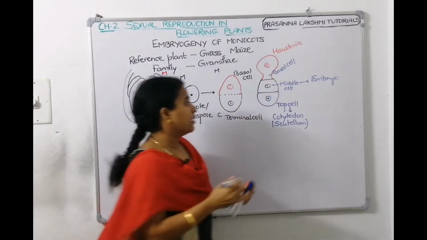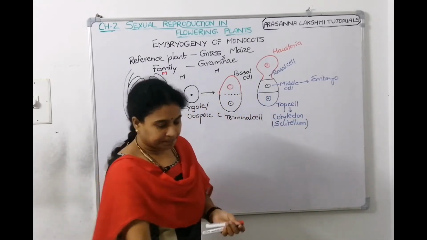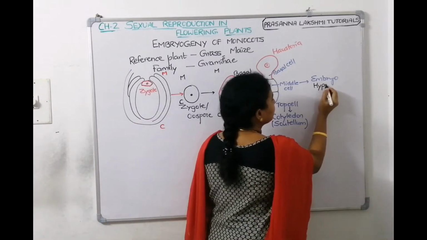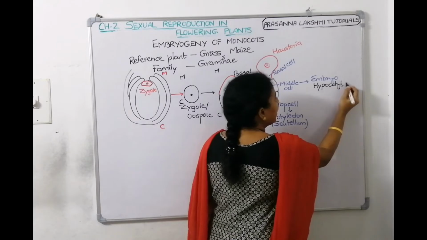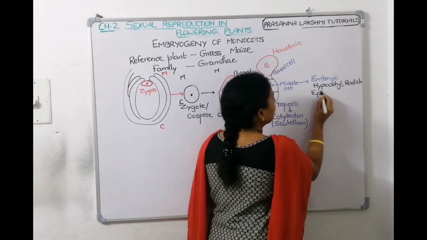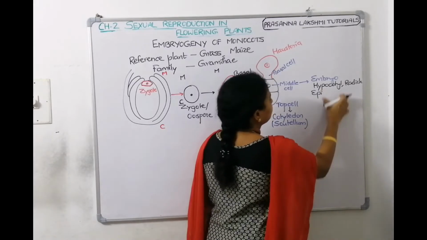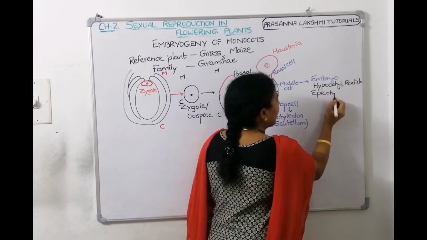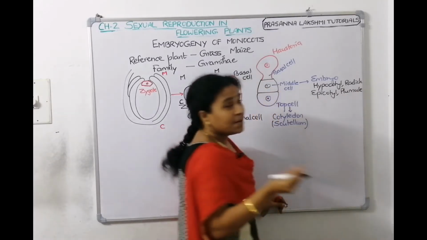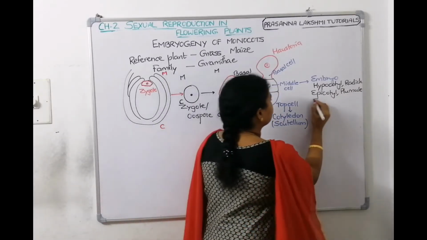What are the parts of the embryo? It's going to make the hypocotyl, and from the hypocotyl it will make the radicle also. It can make the epicotyl, and from the epicotyl, it will make the plumule. And then it even makes the suspensor cells also.